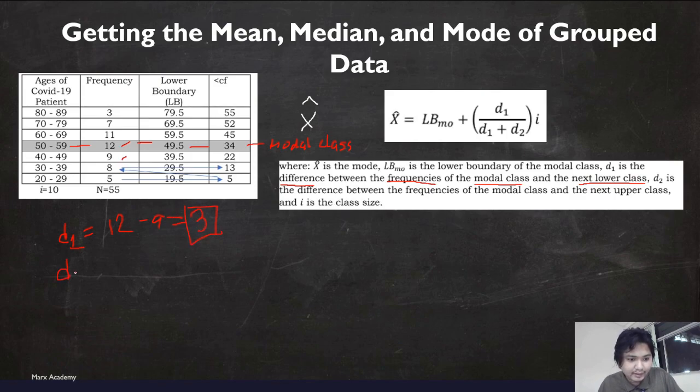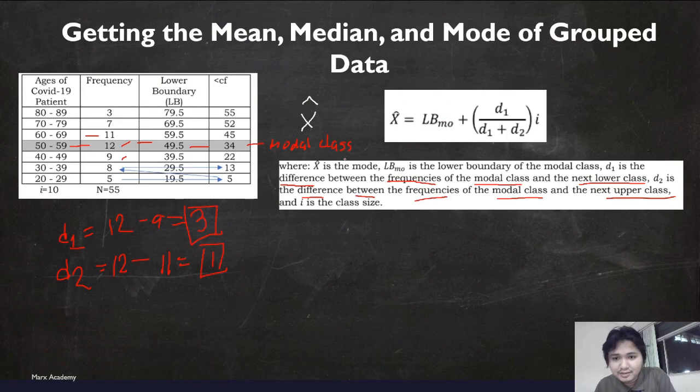And then the d sub 2, which would be the difference between the frequency of the modal class and the next upper class. So 12 subtract the upper class, which is 11, that would be 1. So we already have the values of d sub 1 and d sub 2.